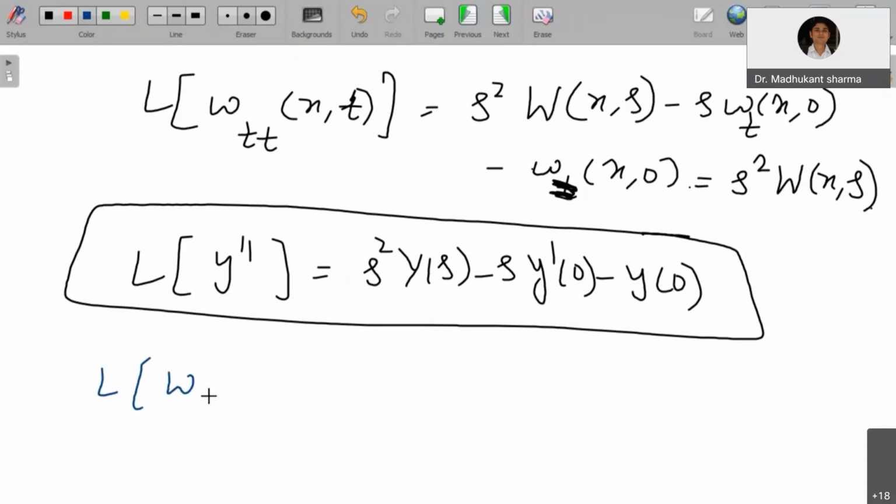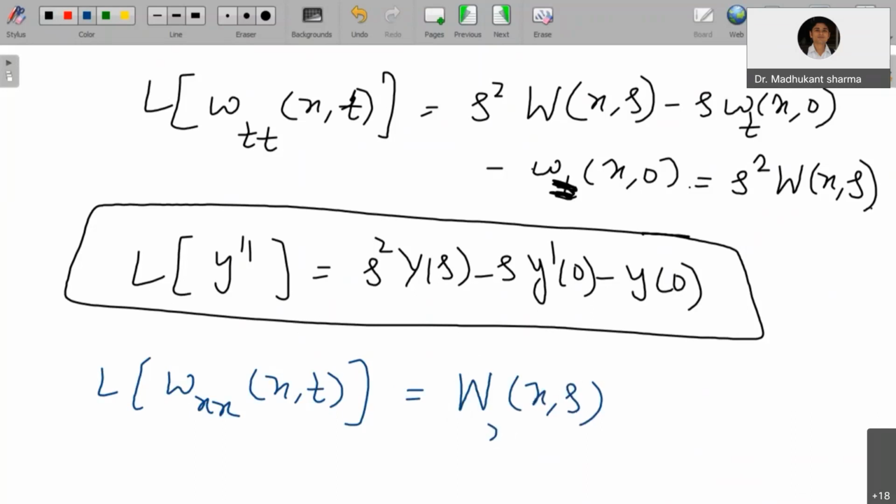Now what about this case? The right hand side involves the partial derivative with respect to x. You can verify that this is going to be the partial derivative of W of x comma s with respect to x, since the integral and derivatives can be interchanged, because you are taking the Laplace transform with respect to time. I want to add one more line here.